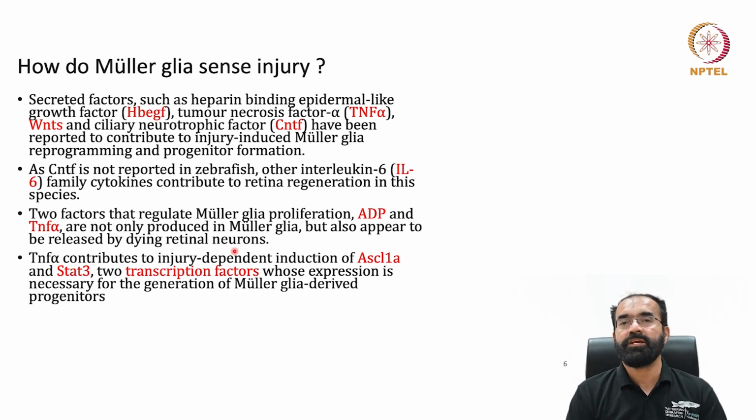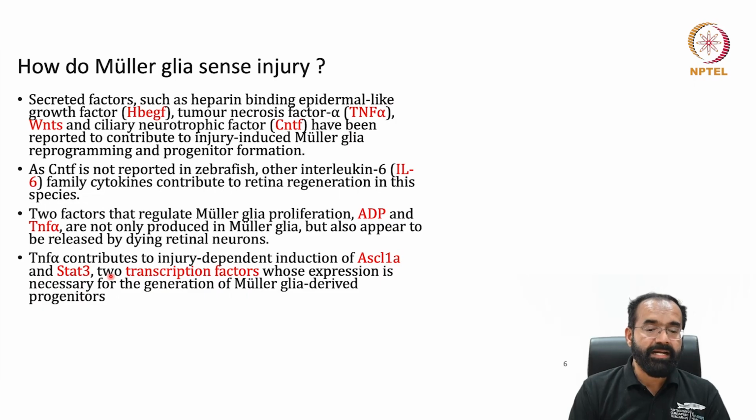So whenever there is an acute injury, these dying retinal neurons, they need not be glia, because the retina has got lots of neurons also. So they die. When they are dead, they release this ADP and TNF alpha that will stimulate the Muller glia. TNF alpha contributes to the injury-dependent induction of ASCL1A and STAT3, which are the two transcription factors.